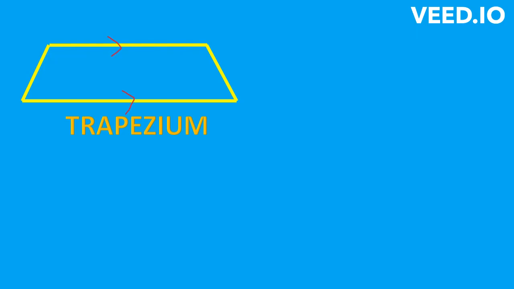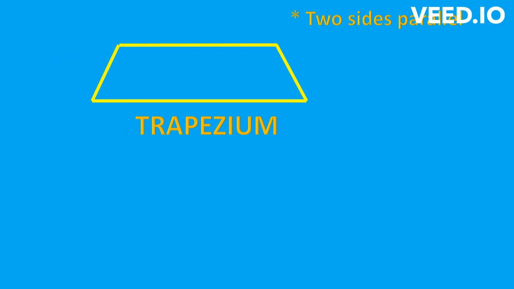These two are parallel to each other. One set is parallel, but the other two are not parallel to each other. So this is a trapezium. So let's make a different shape.